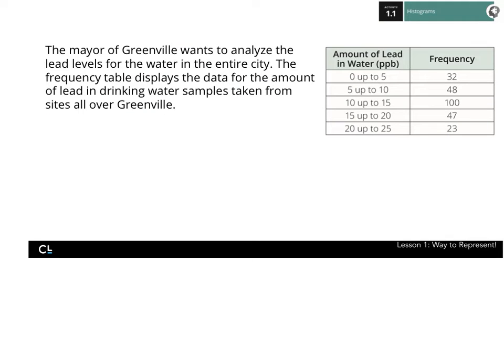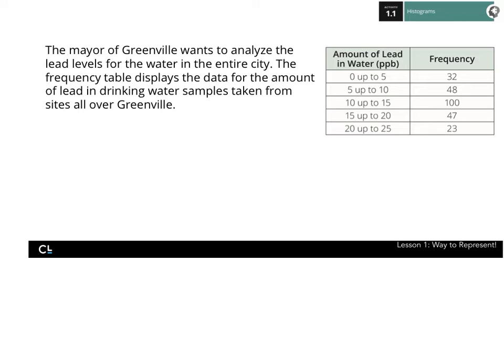Okay. So now we have the mayor of Greenville wants to analyze the lead levels for the water in the entire city. The frequency table displays the data for the amount of lead in drinking water samples taken from all over. So what did he do differently in this data collection? What's different from the first part? He made it into a frequency table.